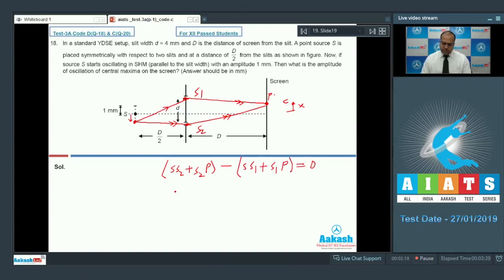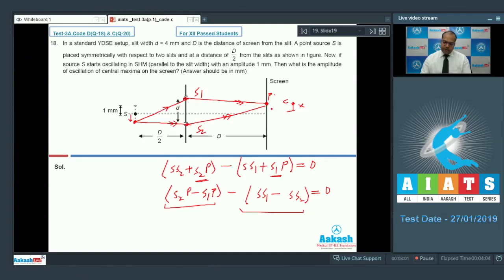Further I can write (S2P minus S1P) minus (SS1 minus SS2) must be equal to 0. I have written S2P and S1P in this term, and SS2 and SS1 in this way.